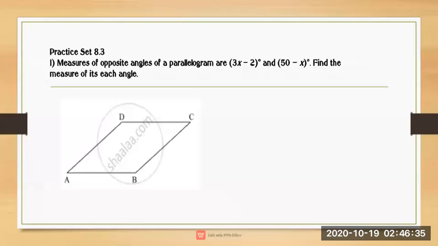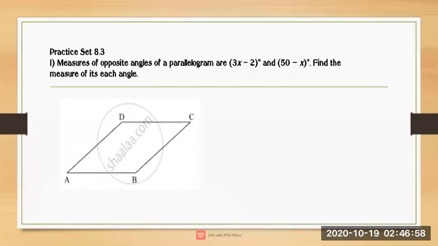Now we will start with our practice set 8.1. Your first question is: the measures of opposite angles of a parallelogram are (3x minus 2) degrees and (50 minus x) degrees. Find the measures of each of its angles.